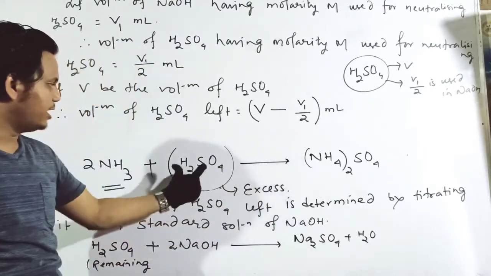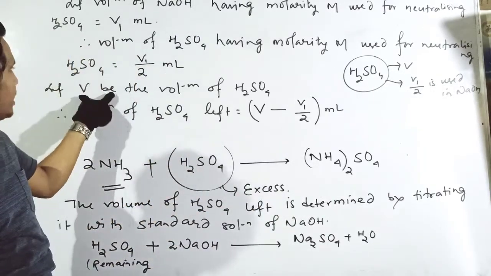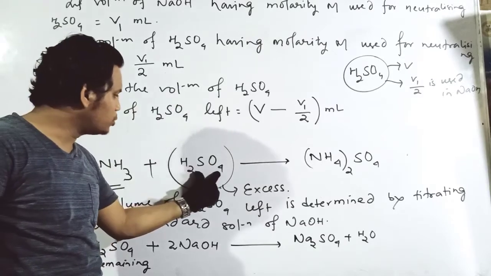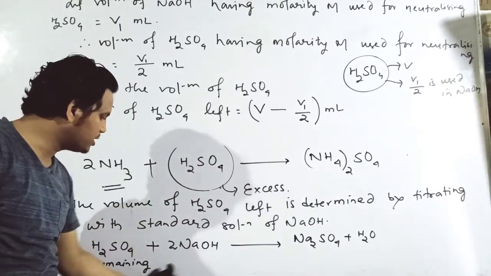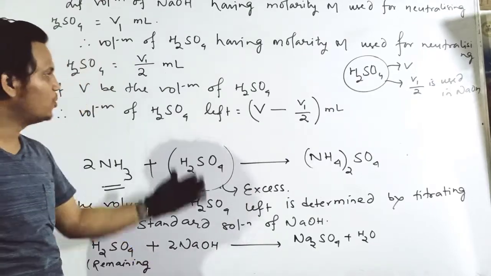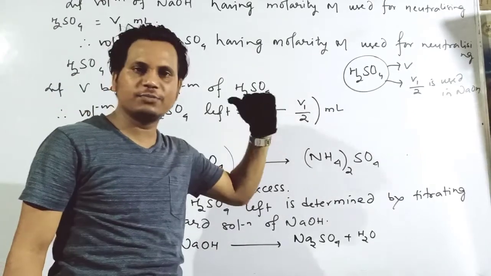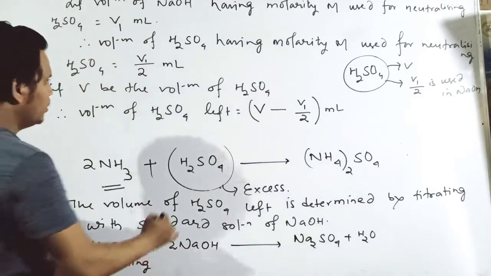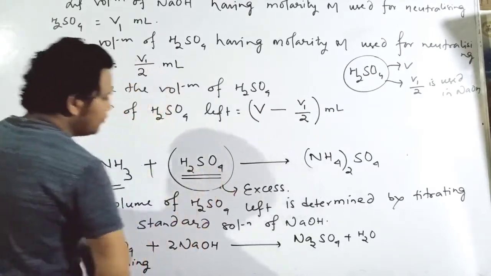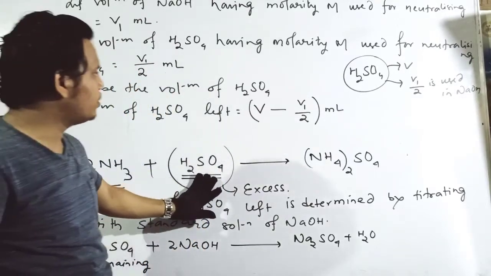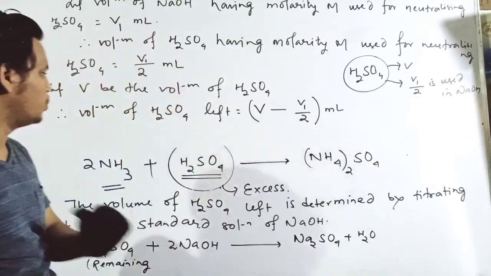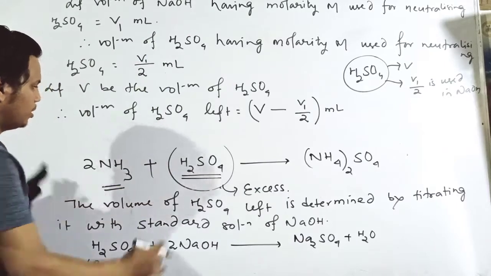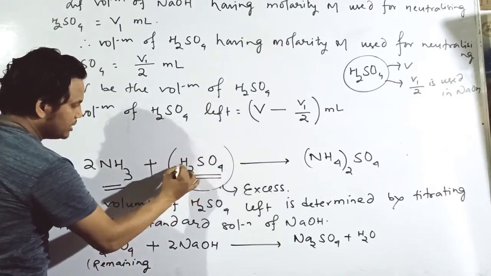Out of V, V1 by 2 is used in neutralizing NaOH. So how much is left? We just subtract. Now we have the volume of sulfuric acid left: V minus V1 by 2.